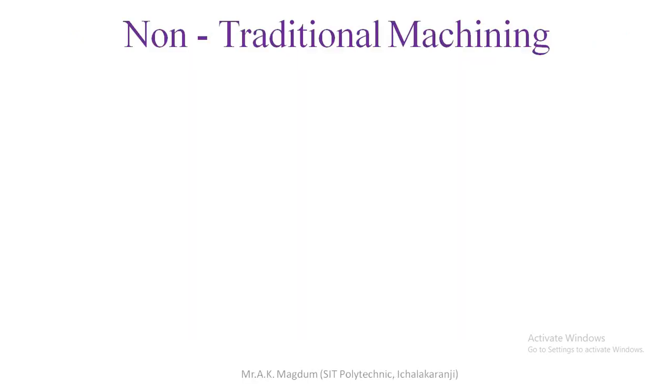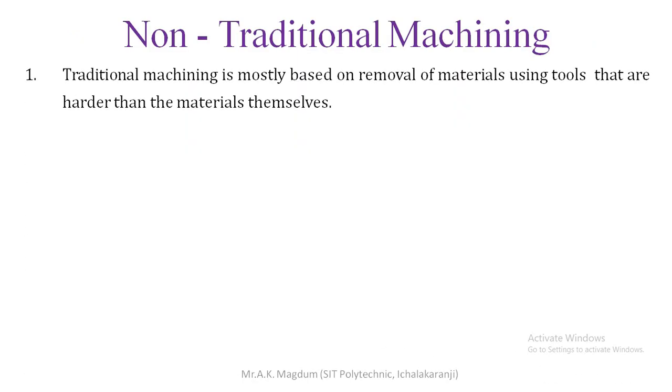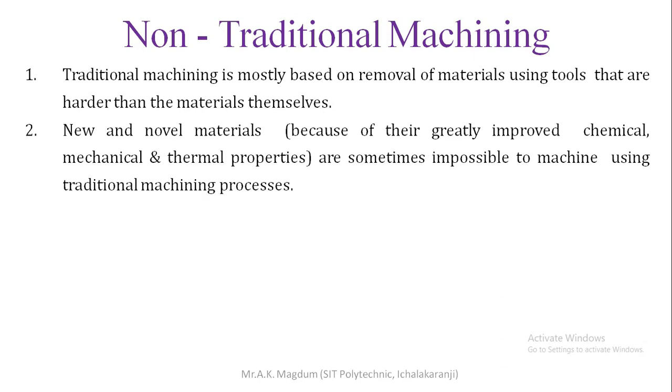Next, non-traditional machining. Traditional machining is mostly based on removal of materials using tools that are harder than the materials themselves. So already we have discussed this part. Next one is the new and novel materials. Because of their greatly improved chemical, mechanical and thermal properties, they are sometimes impossible to machine using traditional machining processes.